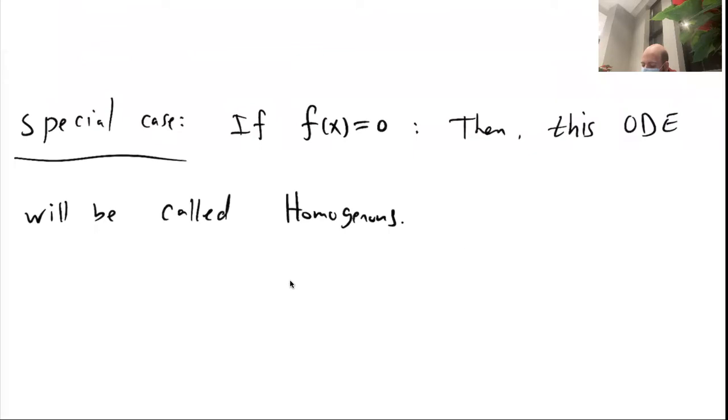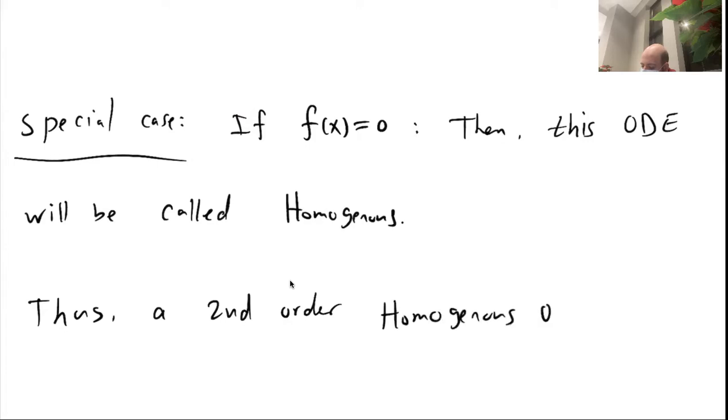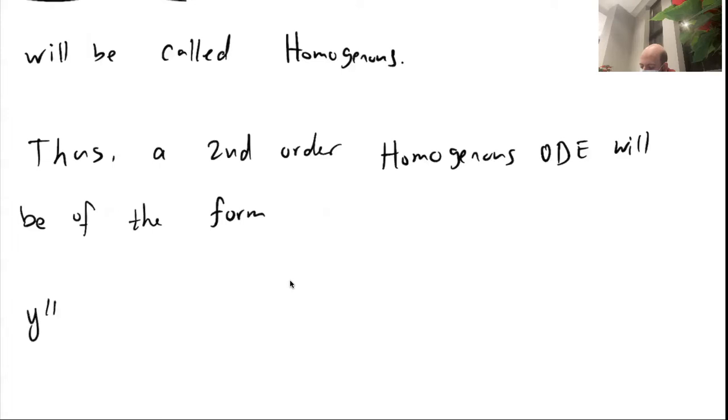So a second order homogeneous ODE will be of the form y double prime plus p of x times y prime plus q of x times y equals 0.